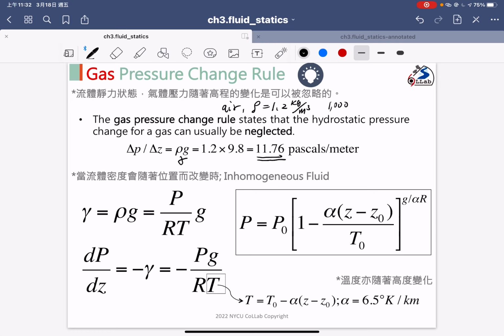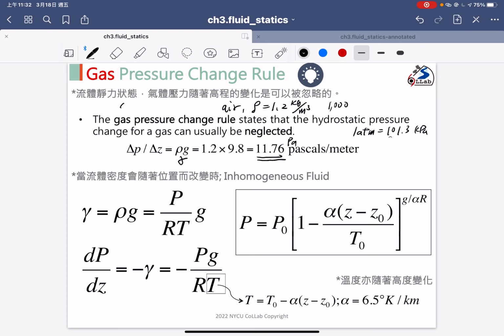As you remember, 1 atm is equal to 101.3 kPa, but the gas contribution in Pascals is incomparable. That means for gas, the gamma is quite small. So usually we neglect the effect from the gas, because the gas contribution to the pressure is quite small.